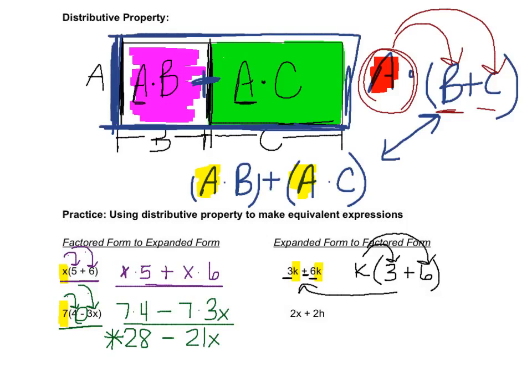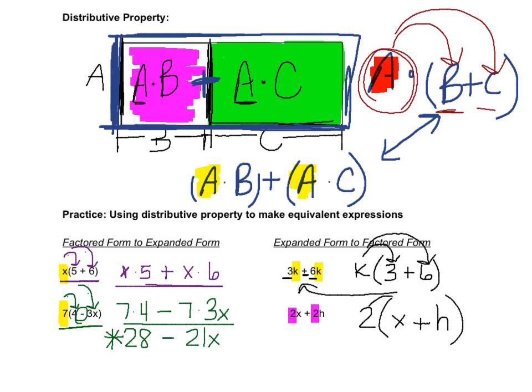In the next example, they both share, not the variable this time, because one is x and one is h. They both share the number 2. So that means instead of having a variable outside the parenthesis, I'm going to have a number. So I'm going to have the number 2 outside, and inside the parenthesis I'll have the pieces that are left: x, the plus sign, and the variable h.